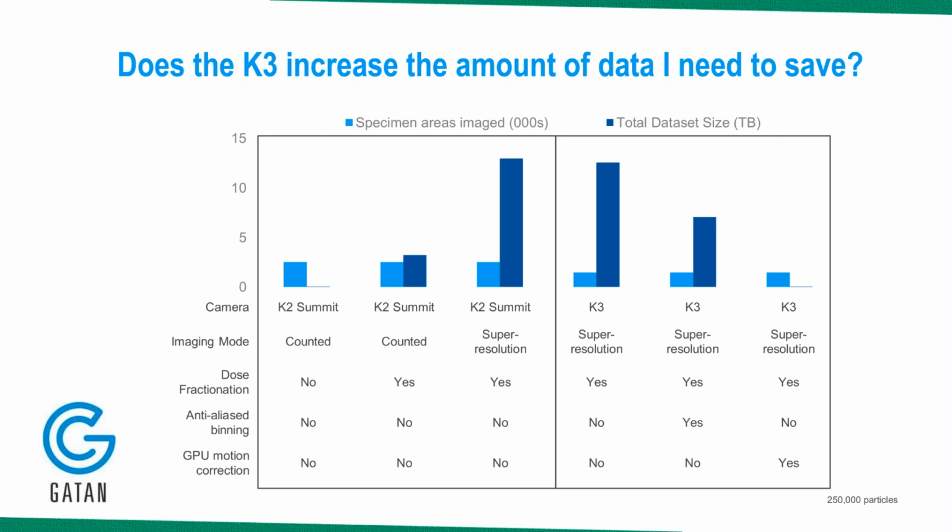So technically you need less images to get more particles, that kind of thing. One of the more notable things that Corey showed but didn't really focus on is that the K3 introduces the ability to do your frame flattening in real time, which can really cut down on your data cost overall on your cluster, as long as you don't feel like you have the need to realign your frames later.